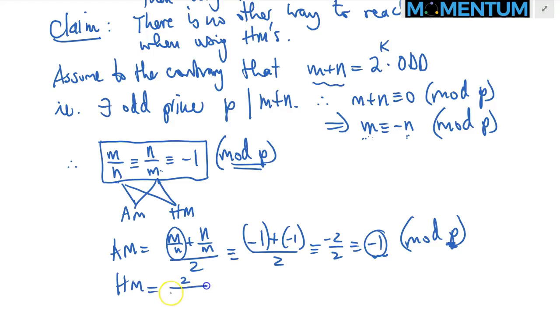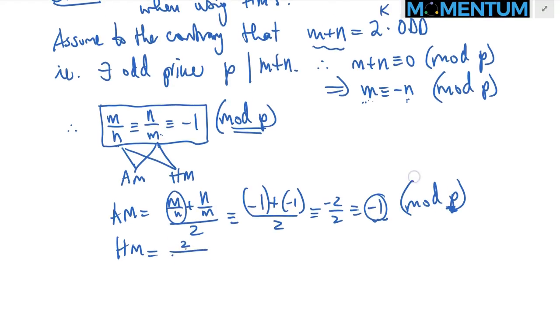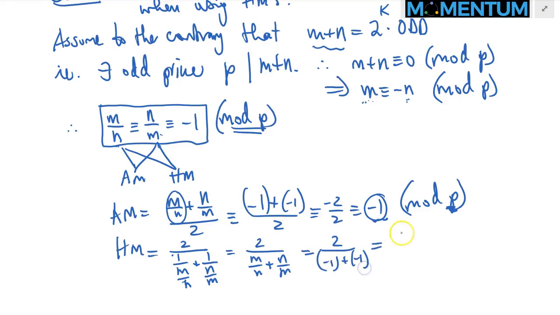It is 2 over the sum of reciprocals, 1 over m over n plus 1 over n over m, which is just 2 over m over n plus n over m. The same thing: minus 1 plus minus 1, so this is 2 over minus 2, which is again congruent to minus 1 mod p.